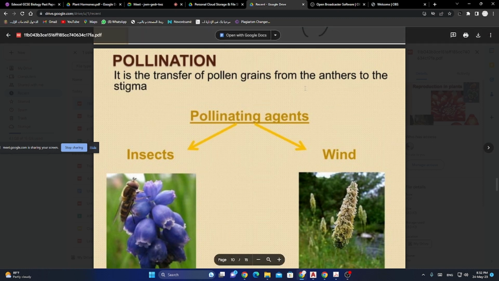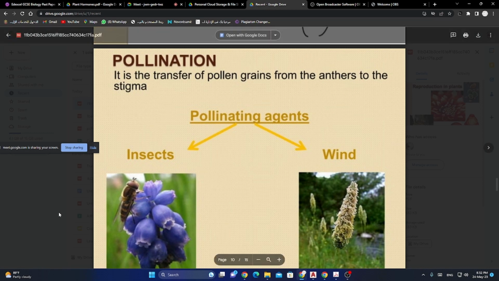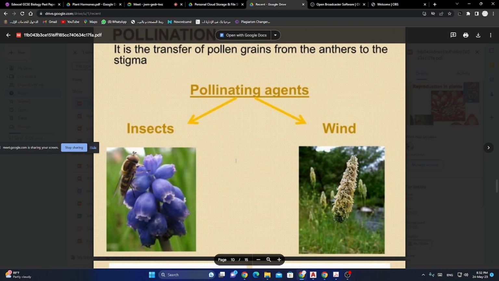So, this is where pollinating agents come in. There are mainly two types of pollinating agents. They're not exhaustive. There are other pollinating agents, but the two main ones in this case are insects and wind.